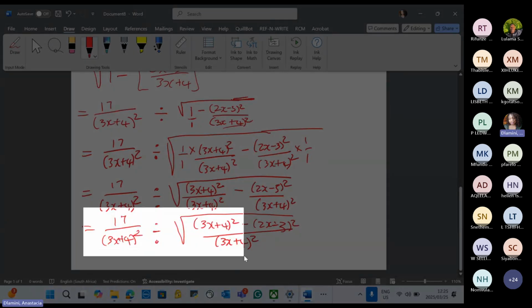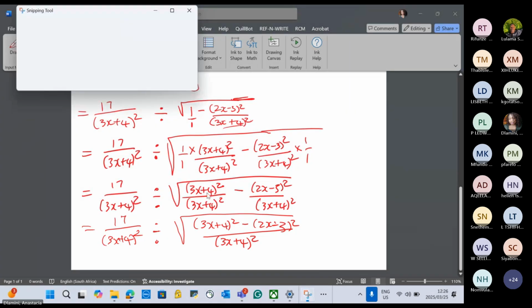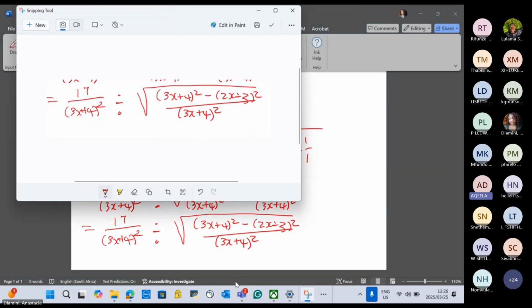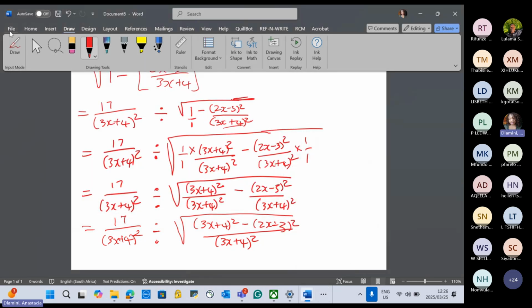What do we do, guys? We can split up the roots. So the root of the top divided by the root of the bottom. Did you hear what she said?